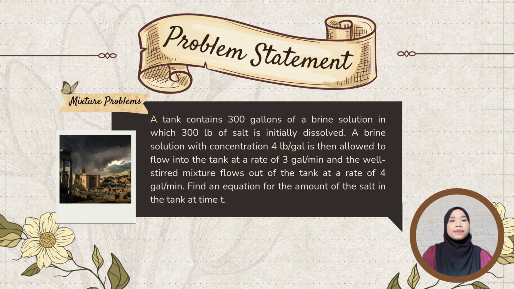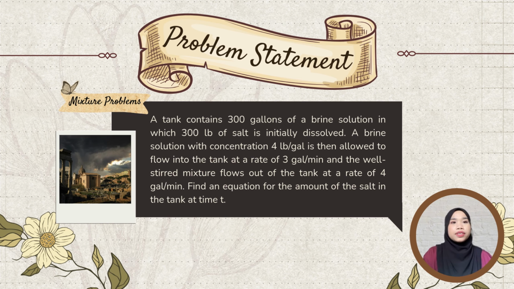Next, this slide presents a mixture problem involving a brine solution. This question is considered as question 2. A tank initially contains 300 gallons of brine with 300 pounds of salt dissolved in it.